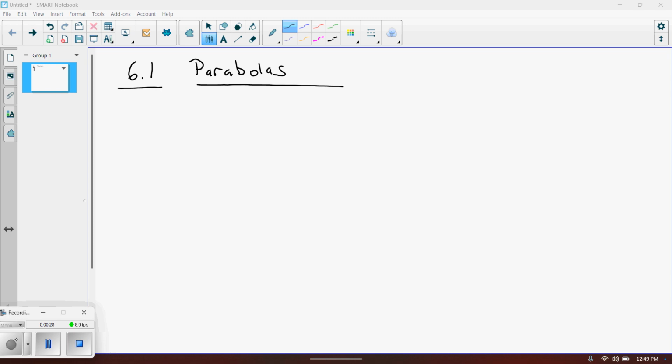And if you remember, the general graph of a parabola, this is the one that we've probably used most frequently, looks something like that. That is your standard parabola that looks like something like y equals x squared.